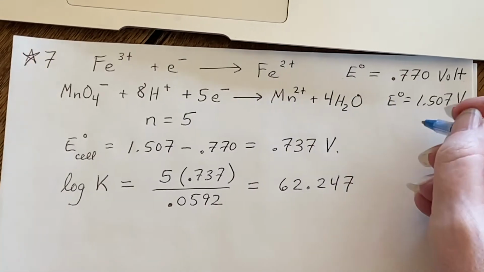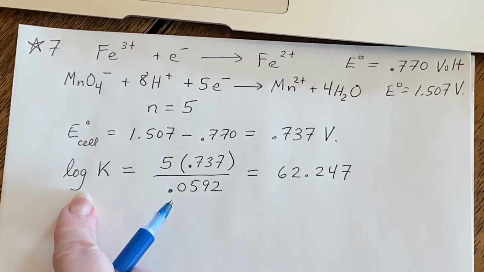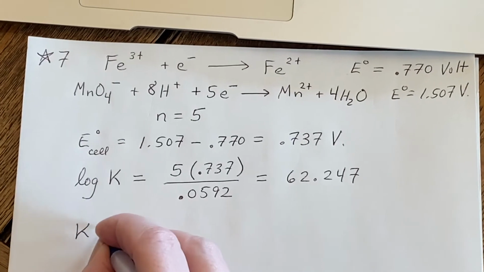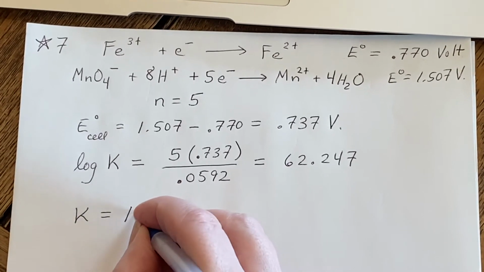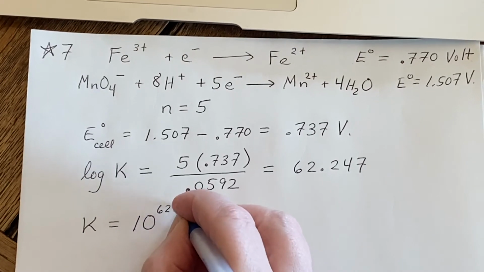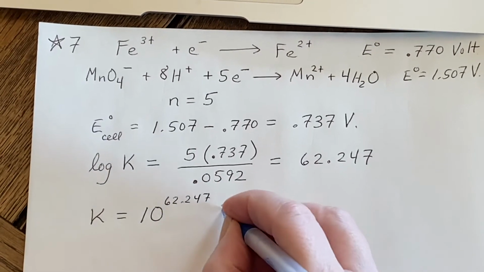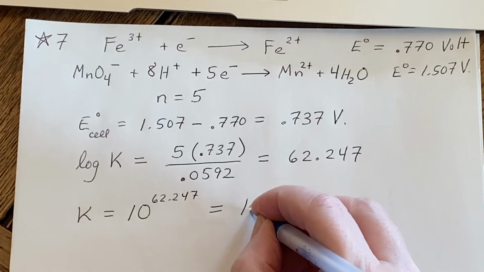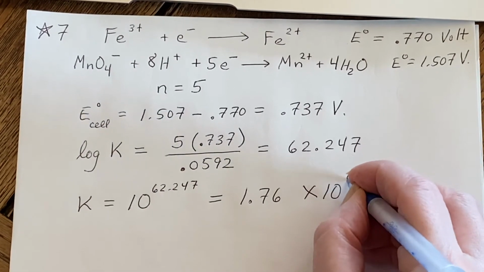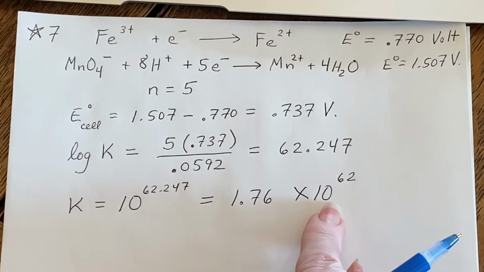I wanted the value of K. This is the logarithm of K. A logarithm is an exponent, and in this case it is an exponent of the number 10, because this was a log base 10. So 10 to the 62.247.